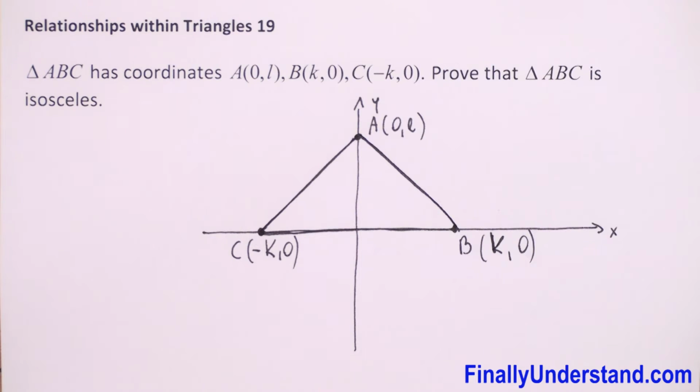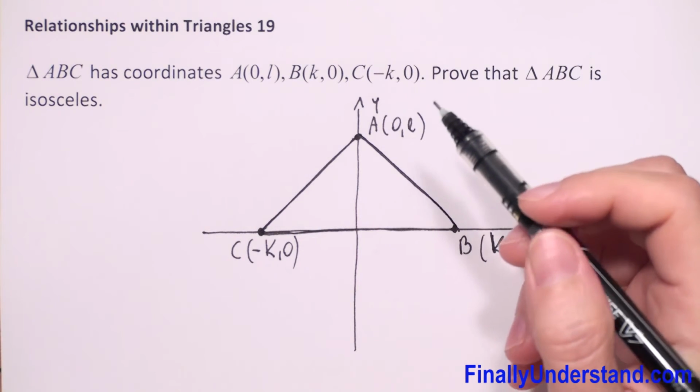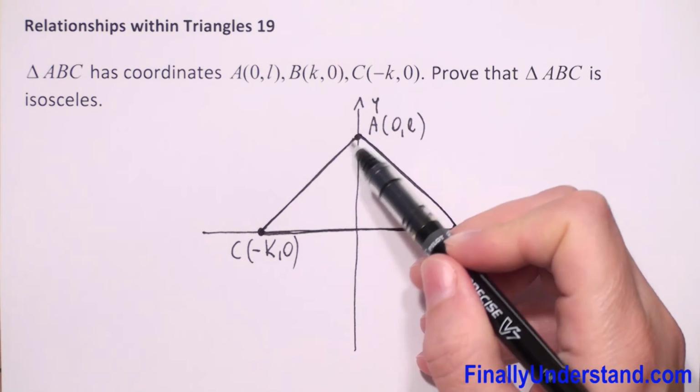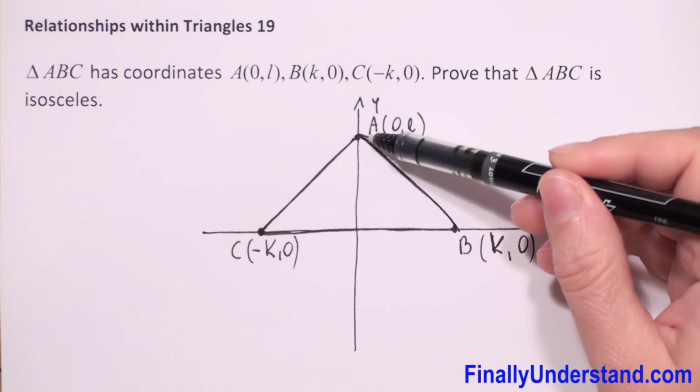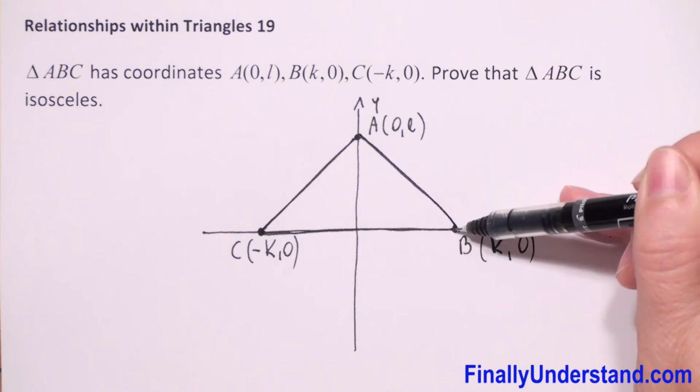So we have to show that 2 sides of this triangle are congruent because point C is symmetric to point B about the y-axis. So we will show that AC is congruent to AB.